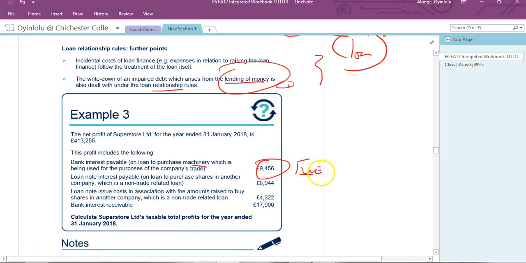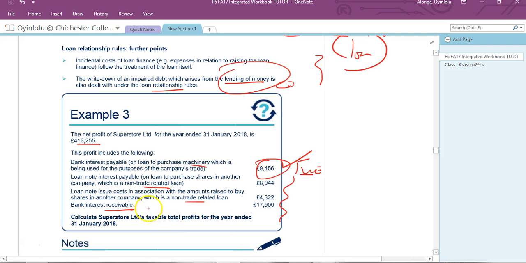All of this has been worked through your net profits, so if this is fine, leave it there. Of course it's okay, it's to do with trade. But we have issues here. This is non-trade: bank interest receivable. It's not to do with trade.